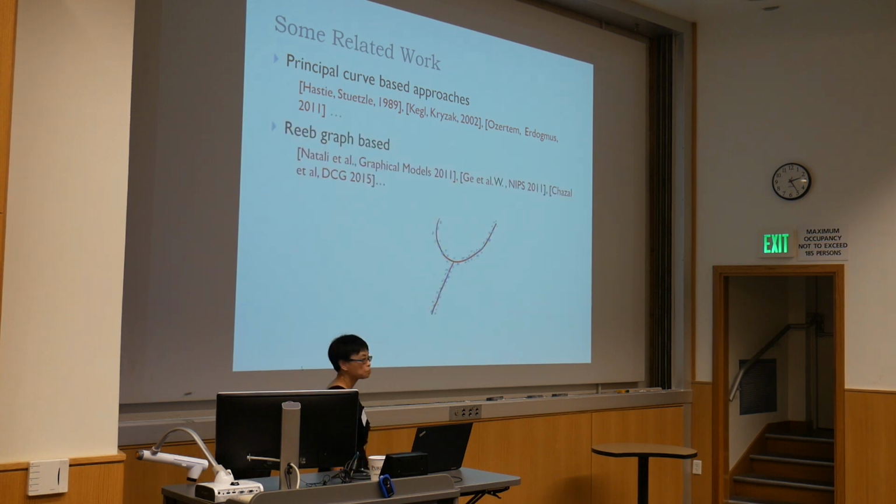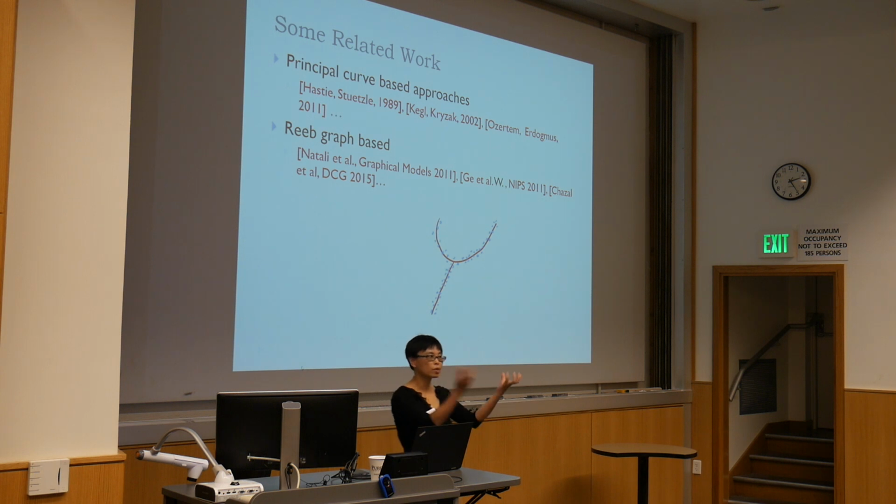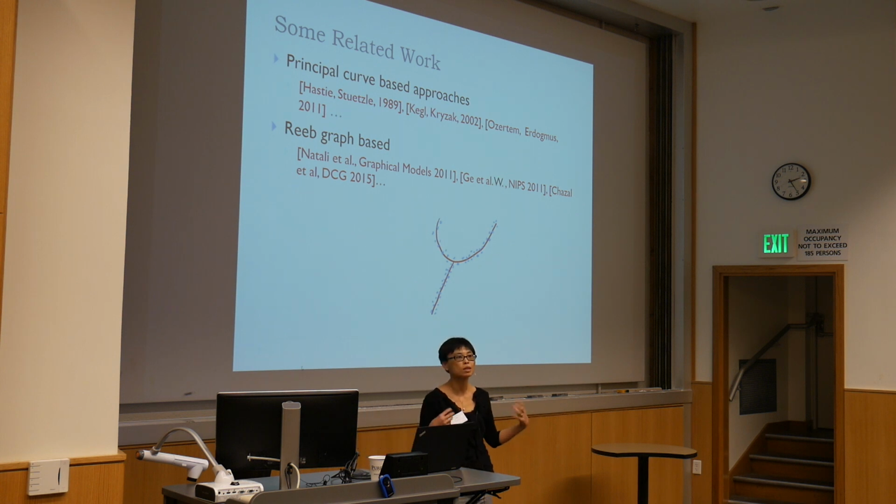Now, if I assume that the points sample from a hidden graph, not just a curve now. And suppose I put a stronger condition on the points. I assume that the points are coming from very near, close to the graph, namely within something called Hausdorff distance, bounded Hausdorff distance to the hidden graph. Okay.